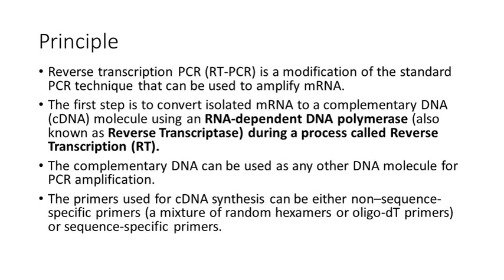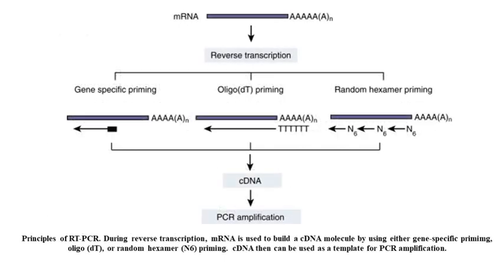Here we use different types of primers. We use an oligo dT, or we use a random hexamer, or in some cases we can also use a sequence specific primer. This is what the principle is. So you will have an mRNA.